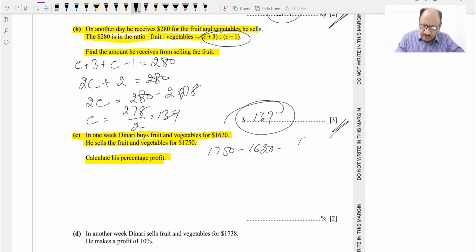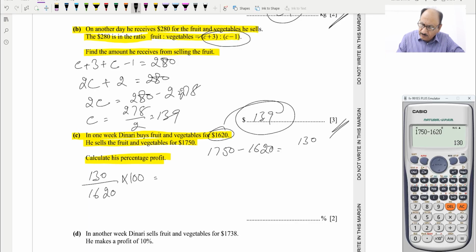So 130 is profit against the original amount, which is 1620, which is the investment, and multiply by 100. This will be the percentage profit, so we write 130 over 1620 and multiply by 100.